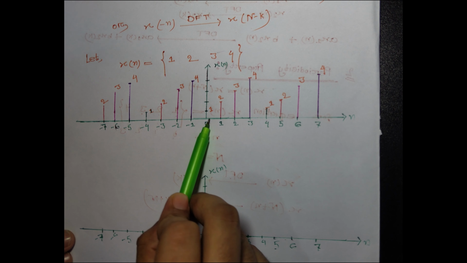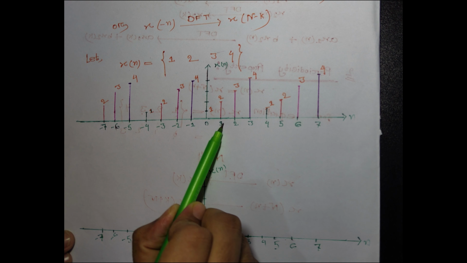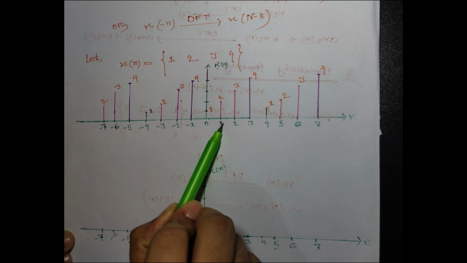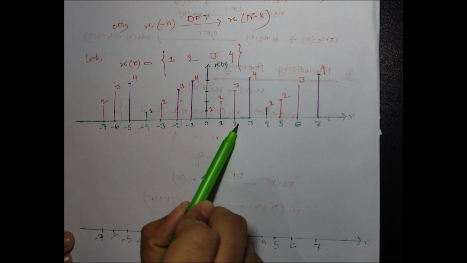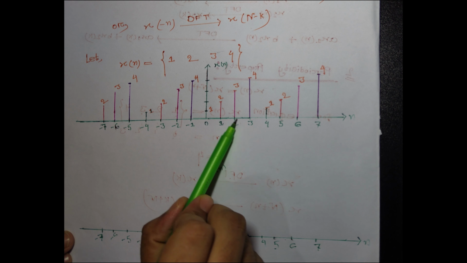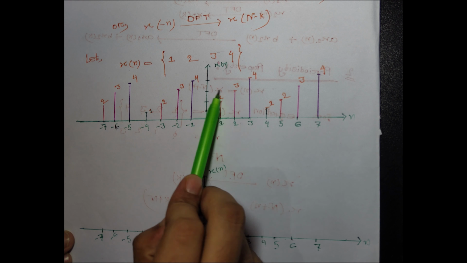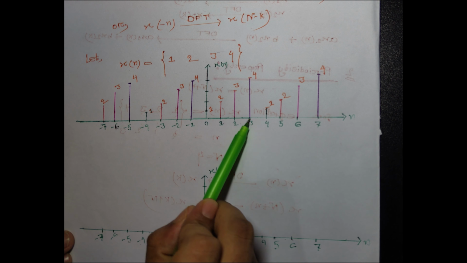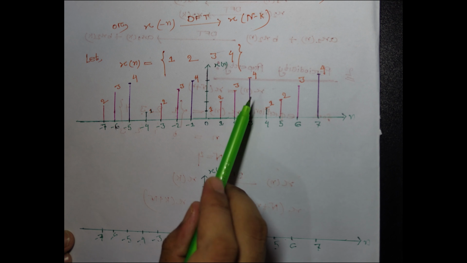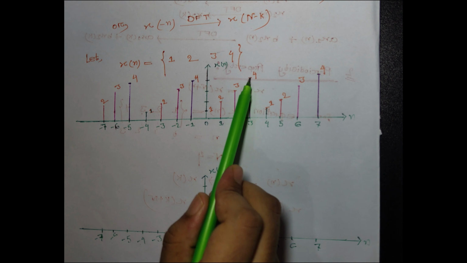At the 0 position, the magnitude is 1. At the 1 position, the magnitude is 2. At n equal to 2, the magnitude of x[n] is 3. And when n equal to 3, the magnitude of x[n] is 4.